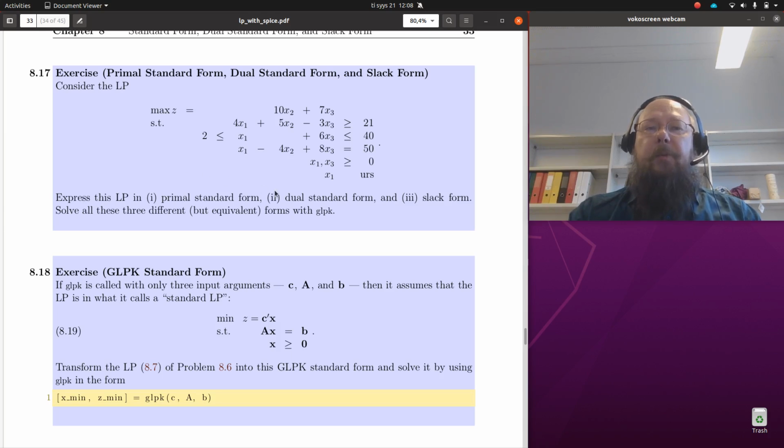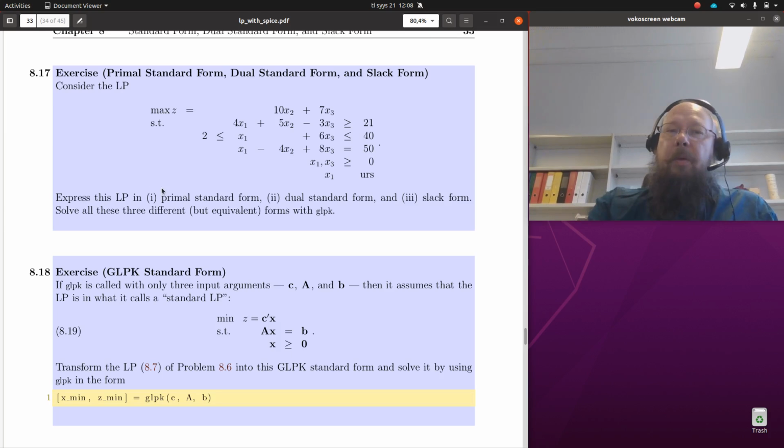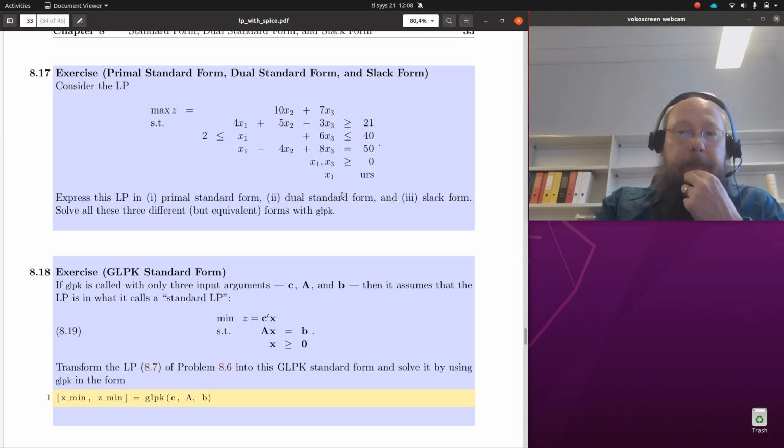Then from a standard form to a dual standard form, step one is probably the one where you have to do most of the work. Step two, you don't have to do much, really. Once you have the primal standard form, the dual standard form you get pretty quickly. And finally, the slack form, you will get it.